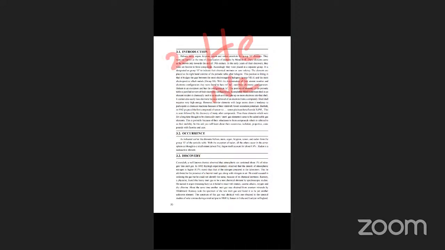So what are these elements? Helium is atomic number 2, neon is 10, argon is 18, krypton is 36, xenon is 54, and radon is 86.